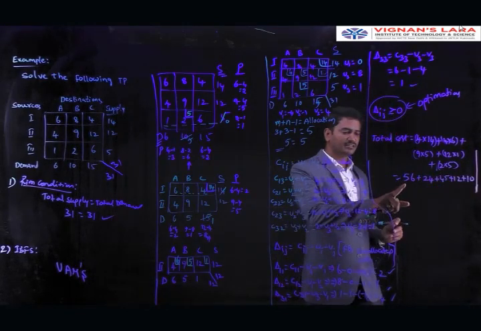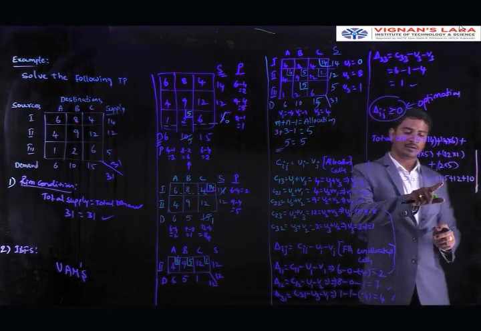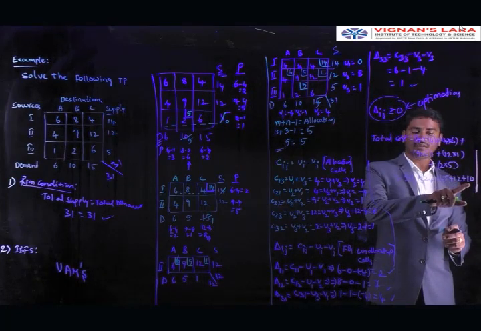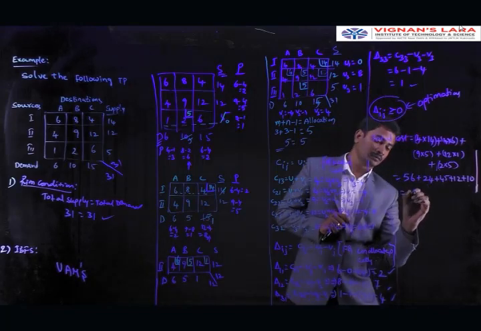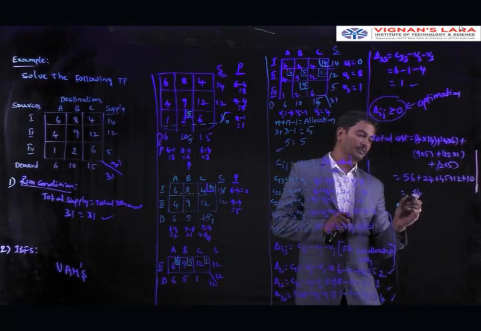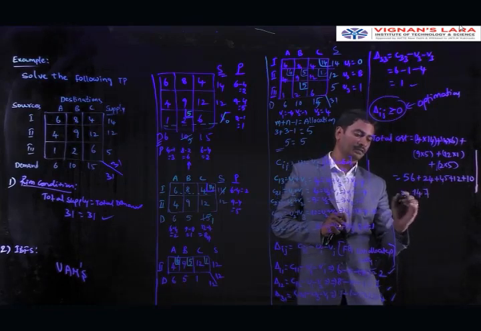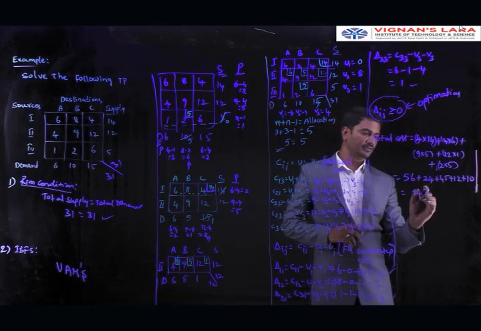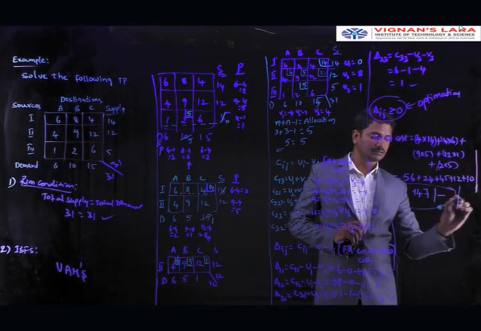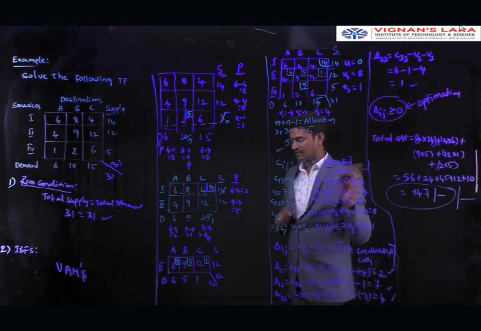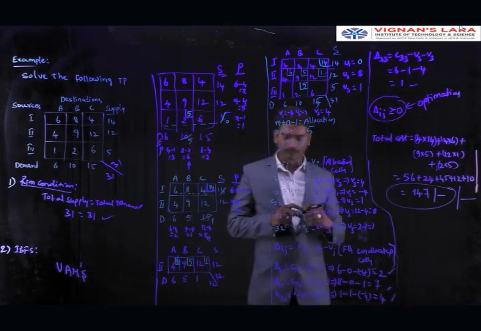Here we are adding these all, 110, 120, 130, 140, 147. Total value is 147 rupees. Okay, this is our cost. This is the final cost. It is an optimal solution. Thank you.